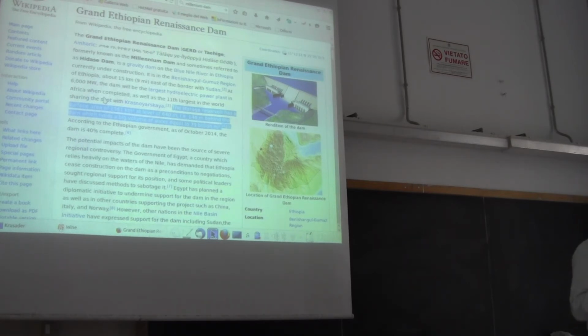It's very large. It's a huge lake. And there is a height of the dam which is about 150 meters, and the volume of water is equal to 79 billion cubic meters. So it's a huge amount.